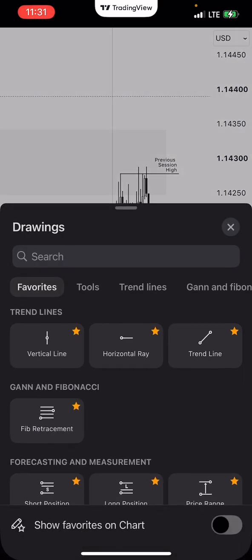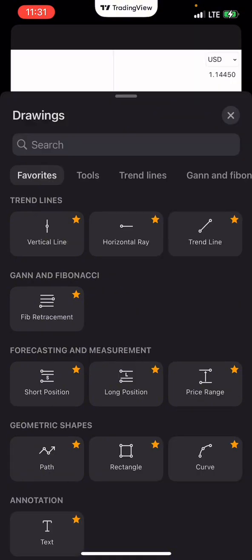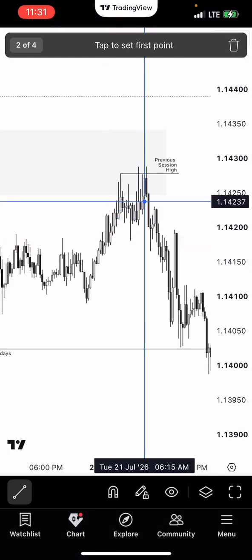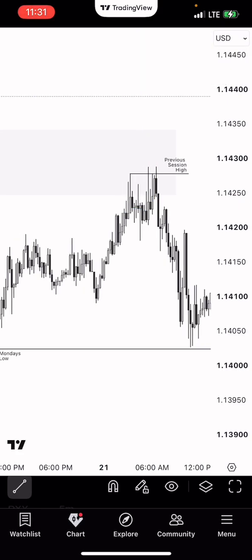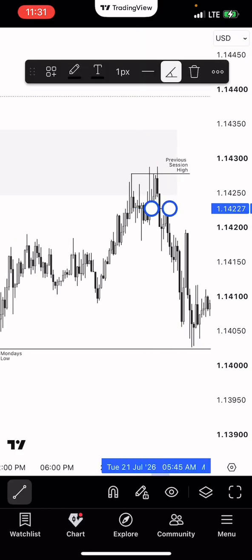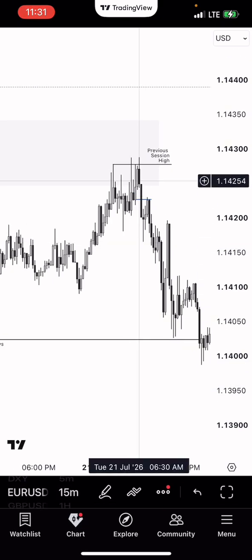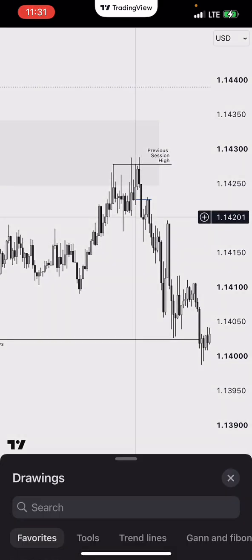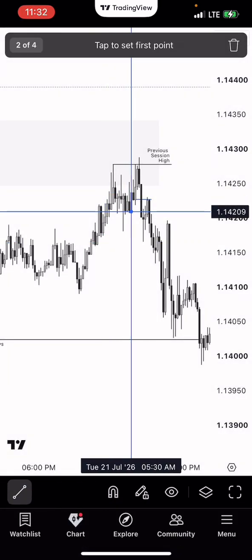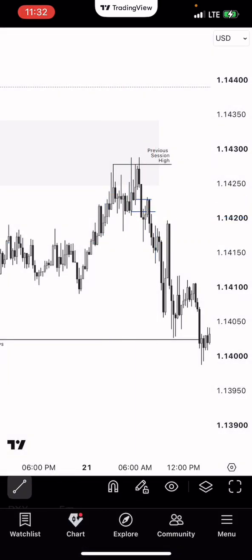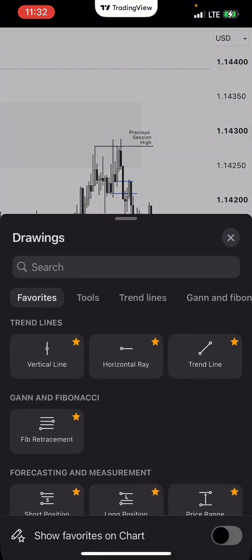Although the price made a CISD from this spot, I didn't enter from there. I waited for the candle to close. It closes below this order block here, the candle that swept the high. So I entered my trade from there.